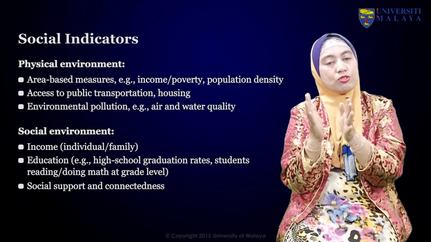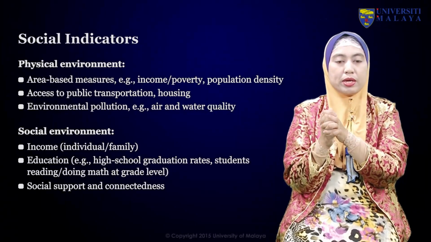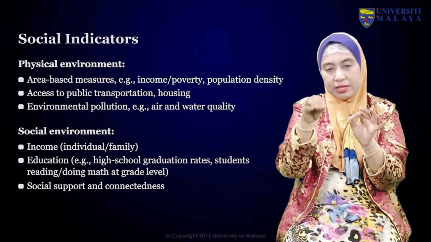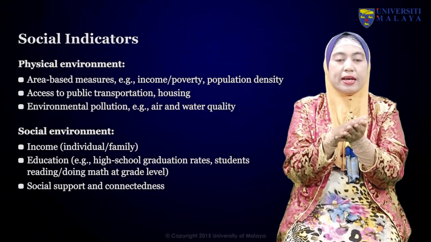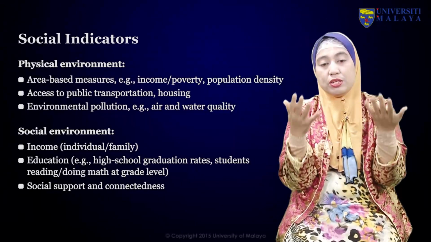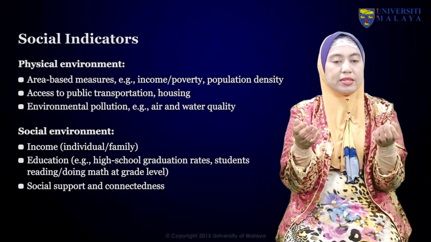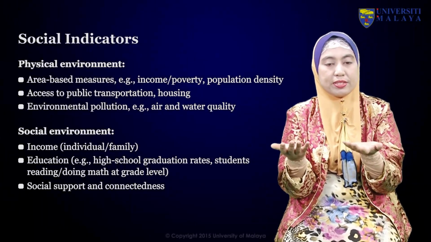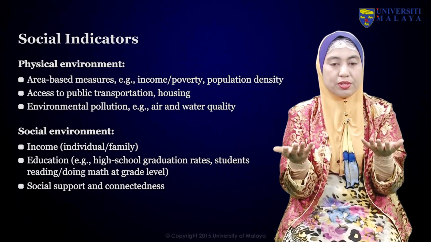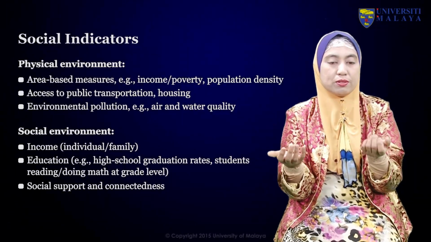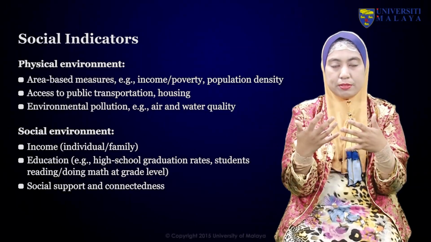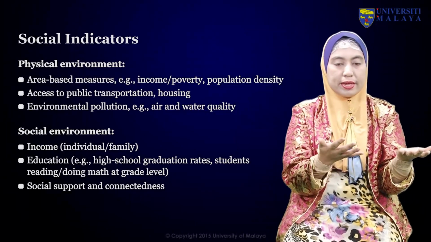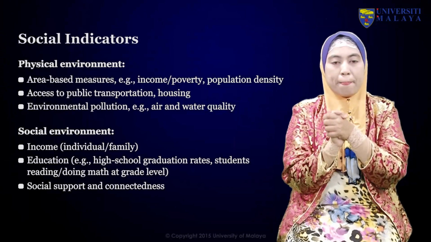And under social indicators, we have social environment where we have individual income. We look at individual income, not the state or district, okay, level. And we also look at education, okay, whether they have high school graduate rates, the students' reading, how they can read or not, okay, they can do good maths or not, okay. And how about the social support and connectedness between parents, children, and also teachers, okay.